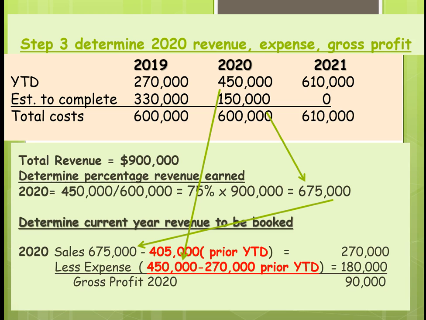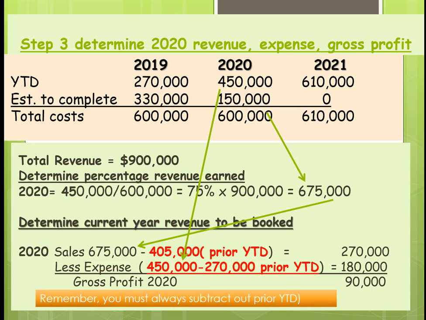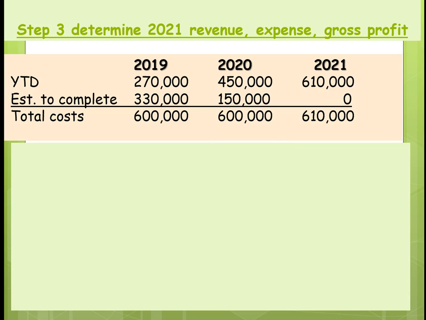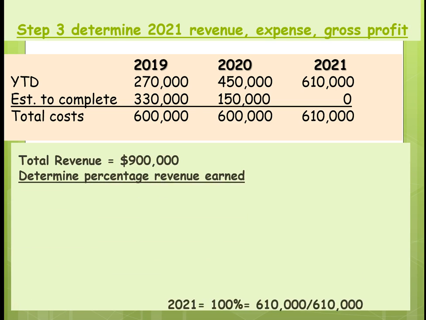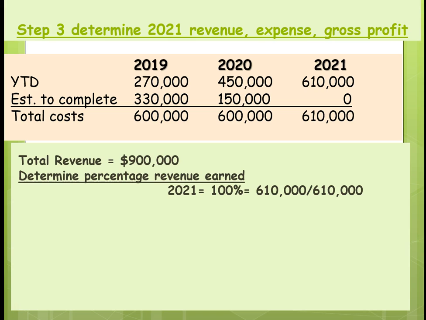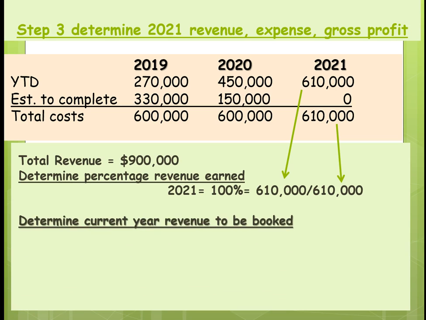Now we're going to do the last year. Again, remember you must always subtract out prior year to date. Now we're 100% complete, so we can recognize all of the costs. Now, determine the revenue.